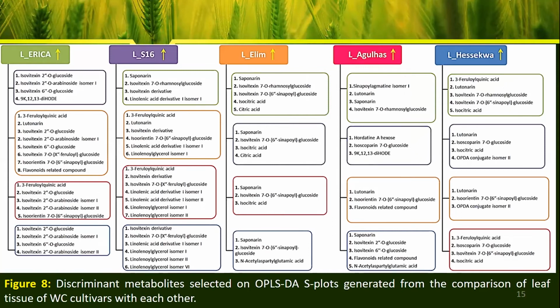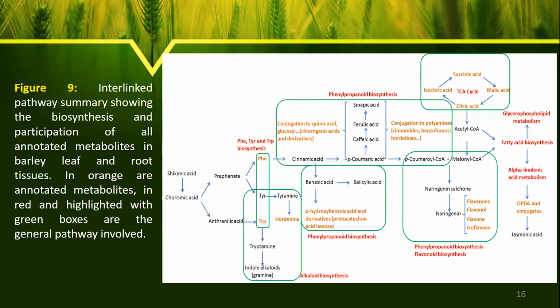In the leaf tissue, for instance, comparing Erica to other cultivars, Agulhas isovitexin and isovitexin 2-O-arabinose, isomer 1, were positively correlated to Erica compared to the rest, and the isovitexin 7-O-rhamnosyl glucoside was negatively correlated to Erica.